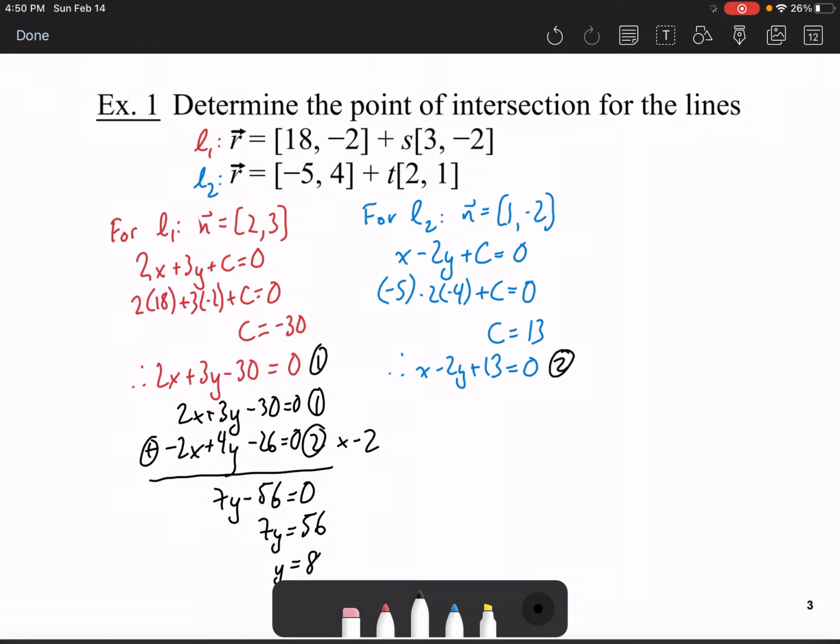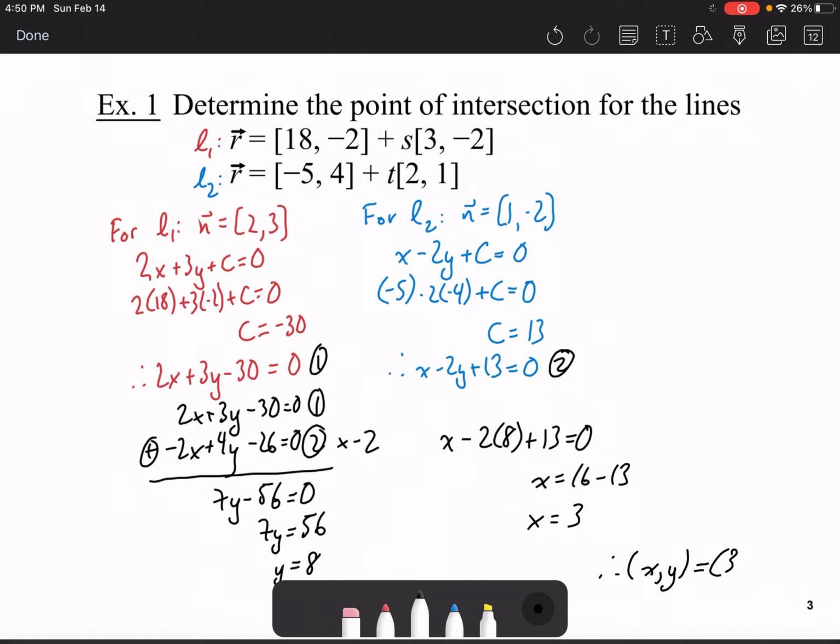So here I get a y value of 8. So I can take that value of y equal to 8 and substitute back into equation 2. And I get an x value of 3. So therefore my point of intersection actually turns out to be (3, 8).